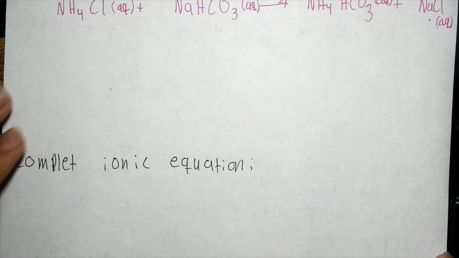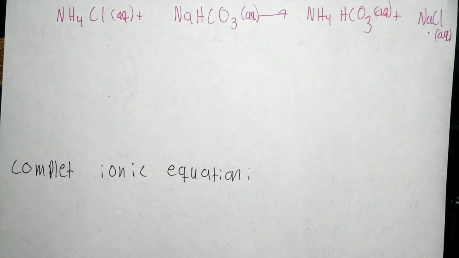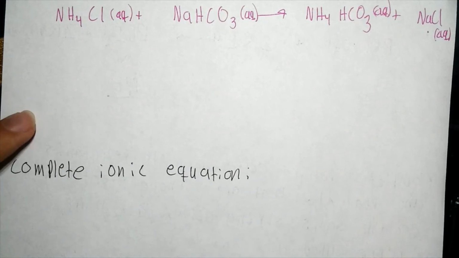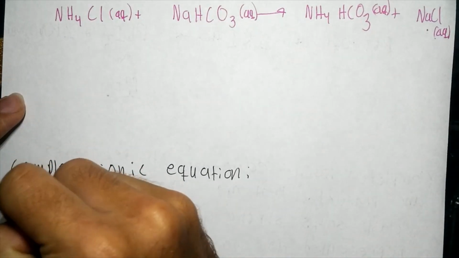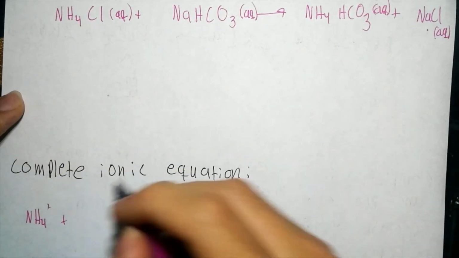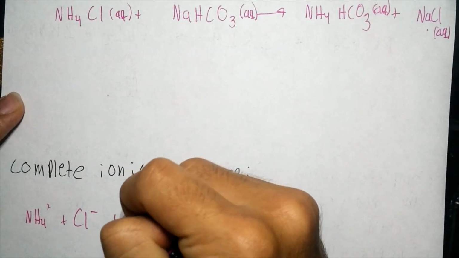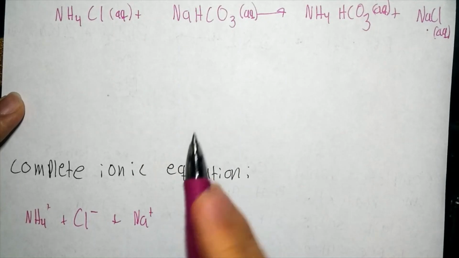Now we're going to write down the complete ionic equation. If you notice, no precipitate has formed in the actual reaction, so you are going to pretty much split apart everything. So in the complete ionic equation, it's going to be ammonium ion plus chloride ion plus sodium ion, and then plus bicarbonate.